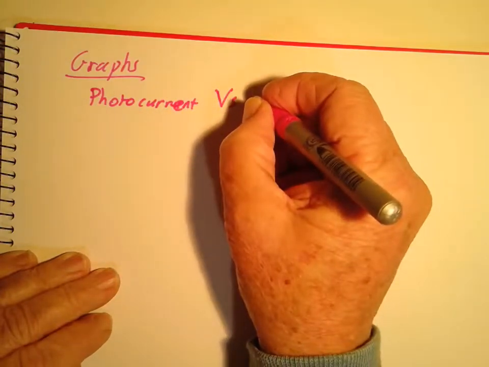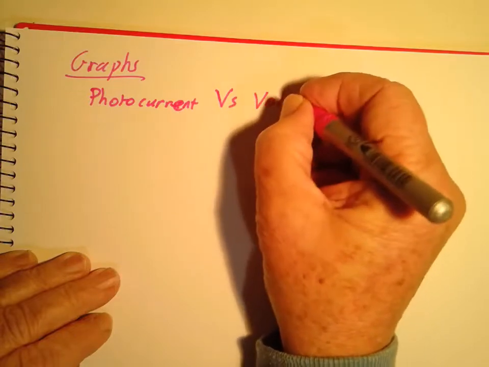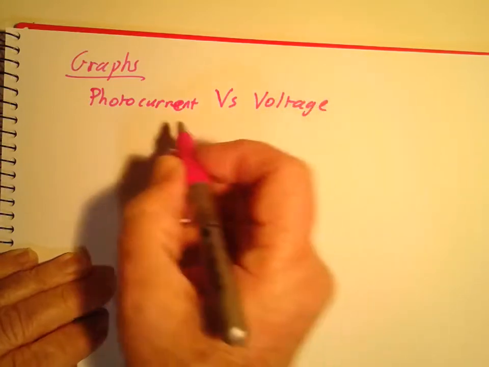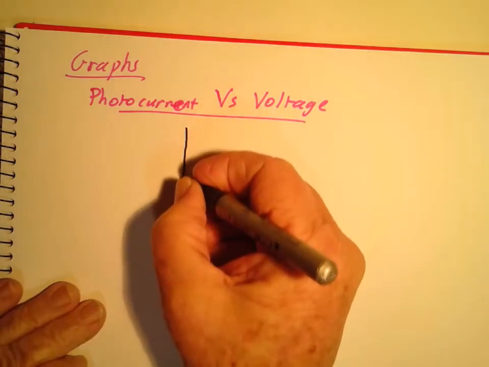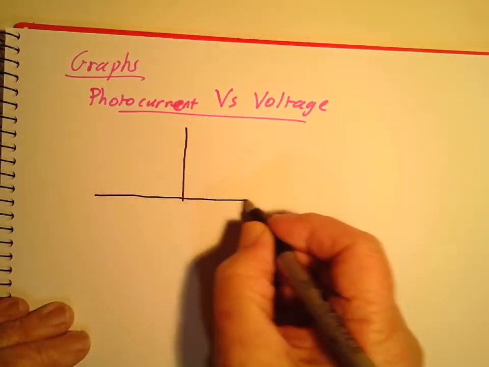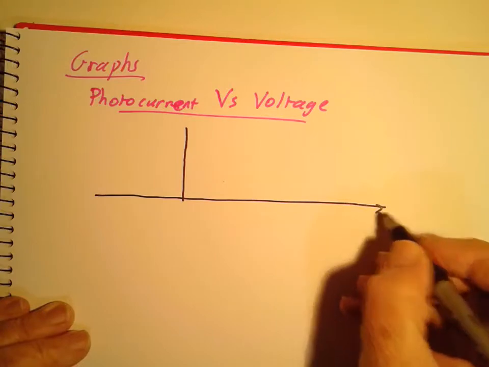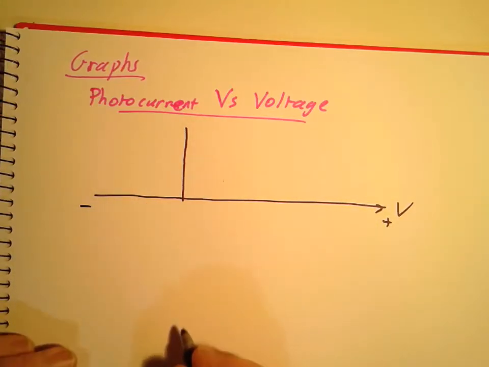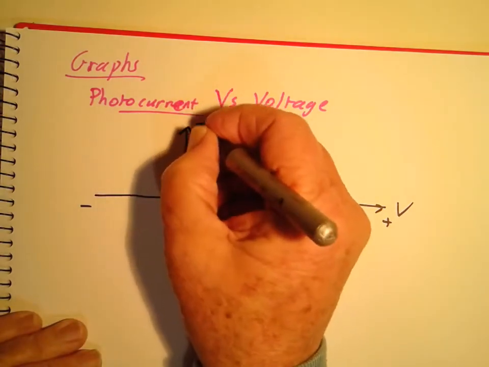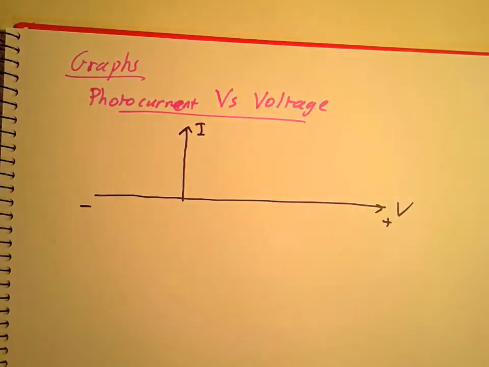Photocurrent versus voltage. So let's draw some graphs. We'll use the very basic colours for the backgrounds. Now the voltage goes backwards because we can actually reverse the voltage, and we know we need to reverse the voltage to stop the last electrons, so we expect it's going to go into the negative.